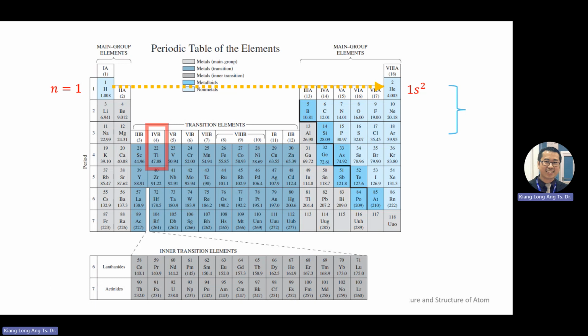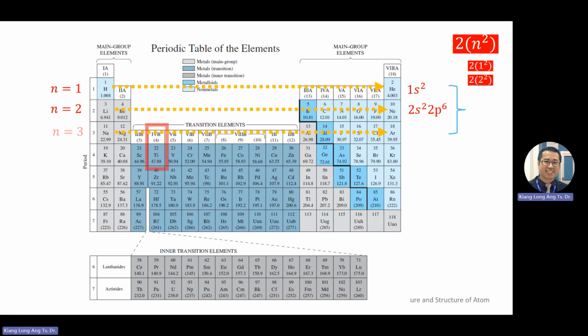Okay, so row number 1, row number 2. Second one, n2. This one is 2s2, 2p6. How you know it is p? I give you all. Do you see the highlight at the bottom? s is over here.